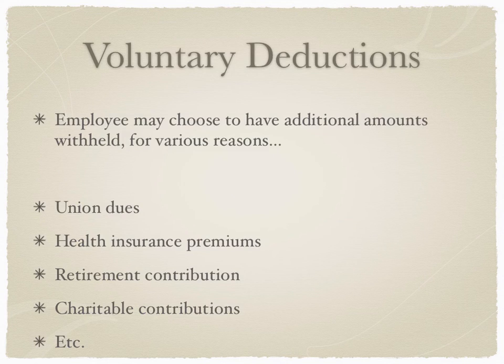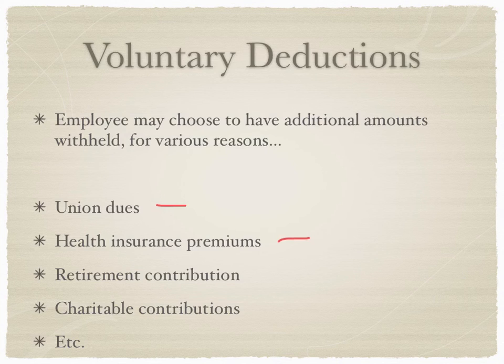As I said at the beginning, there are voluntary deductions or, quote-unquote, voluntary. You can put some air quotes around that. The employee may choose to have additional amounts withheld for various reasons. Perhaps the employee is a member of a union and needs to pay union dues. Perhaps there is a health insurance program available through the employer, which would require the employee to contribute towards the cost of that health insurance plan.